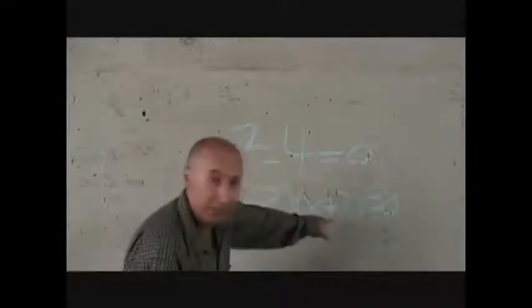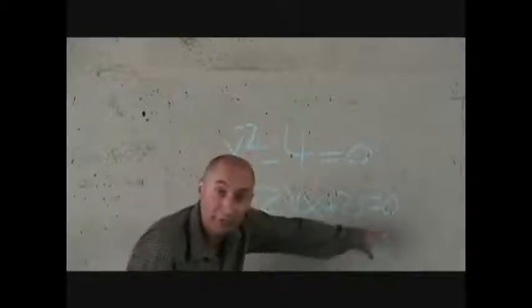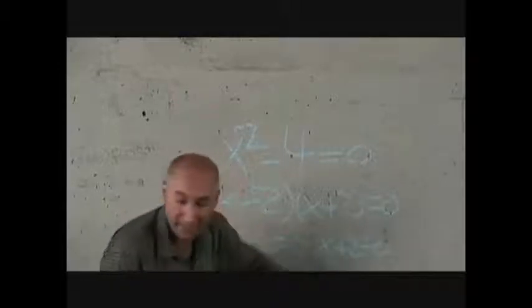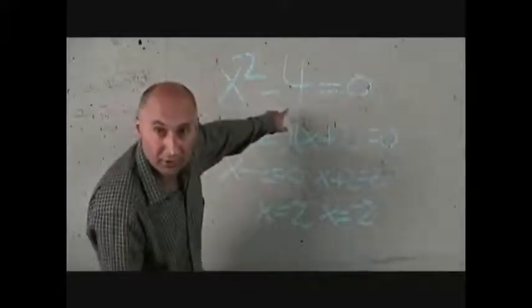And we set each one equal to 0. So we got x minus 2 is equal to 0 and x plus 2 is equal to 0. All you do is grab this, bring it over, grab that, bring it over. So all we're going to have is x equals 2 and x equals negative 2. That's going to be your answer to this question.